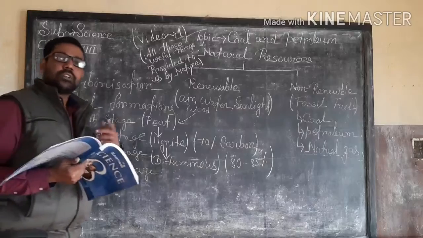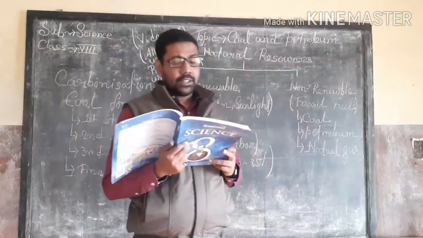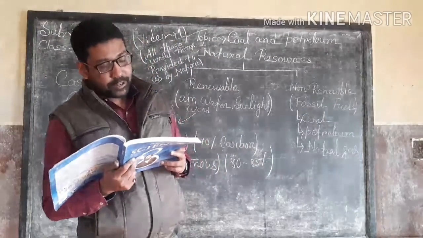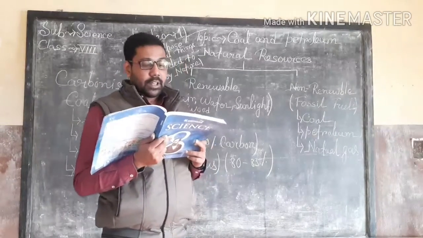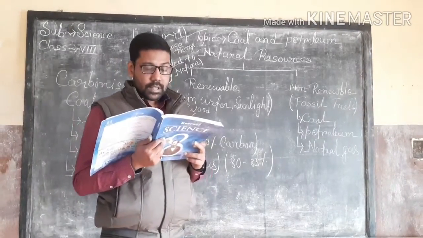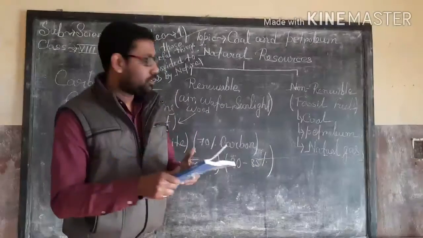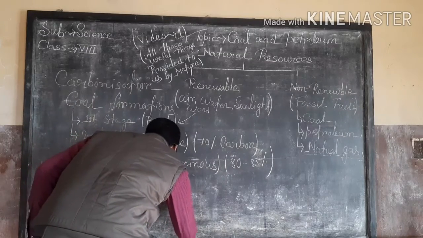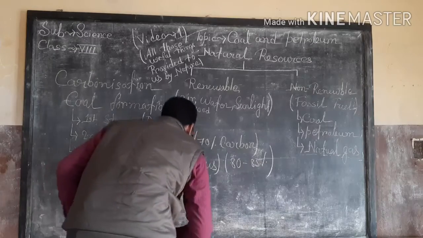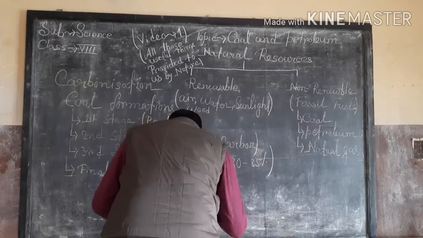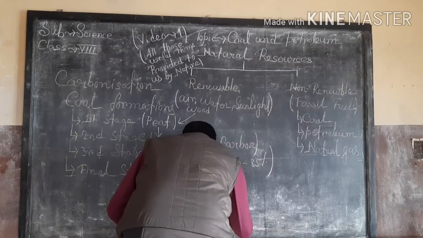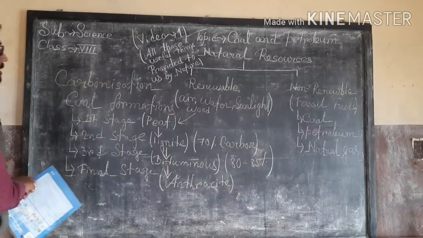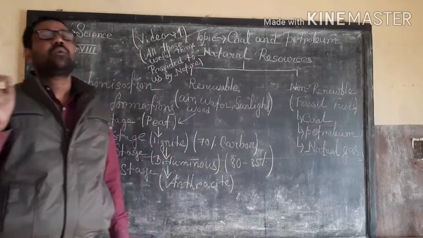The final stage. After that, when the bituminous coal remains in the earth for a long time and is subjected to extreme pressure, anthracite coal is formed. So anthracite coal is formed in our final stage, or fourth stage, of coal formation.